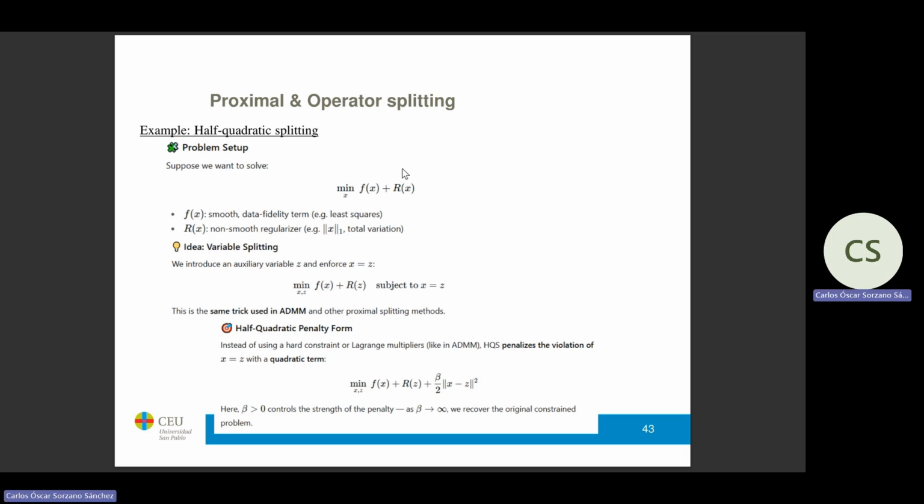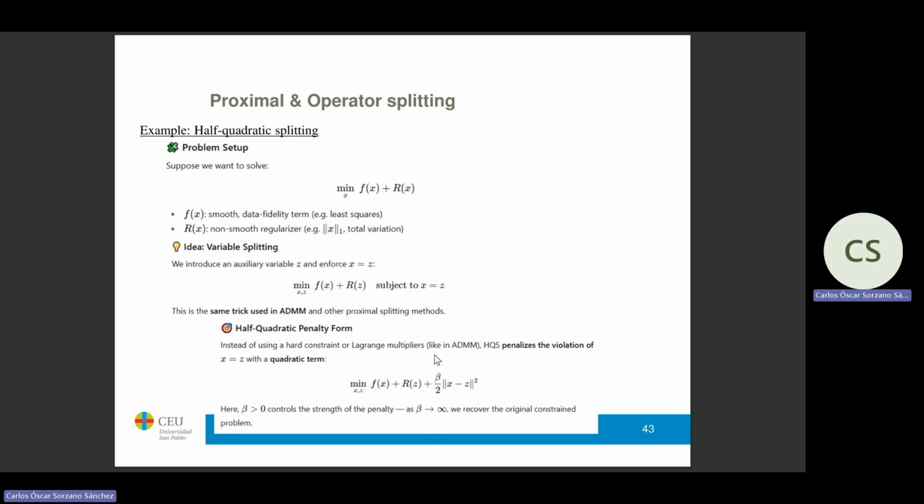So you see it is very similar to this one. It is just the same, but now we have two variables, and the second variable will act as a constraint. And actually in ADMM, that we will see the next day, we use the same trick. So now we have a constraint problem. If we have a constraint problem, what we can do is put this constraint through a Lagrangian, or through a penalization.